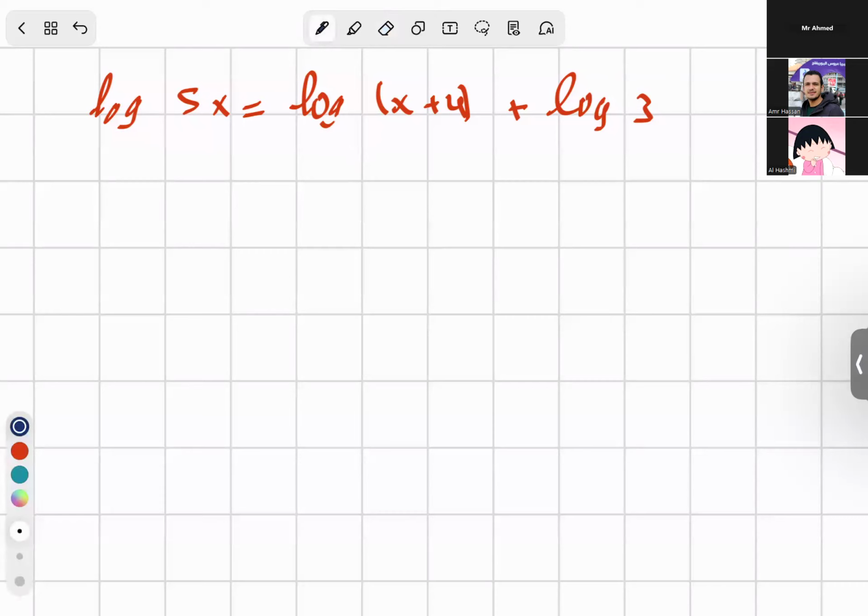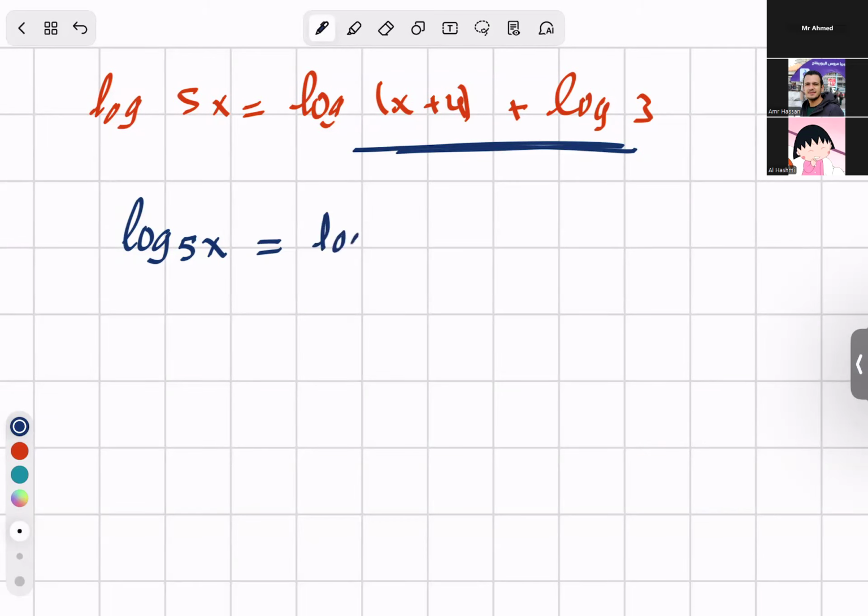So what I want to do is keep the left-hand side. I don't have to change it. The point is on the right-hand side: we got something that sounds like addition, right? Yes. So I need to turn it into multiplying.